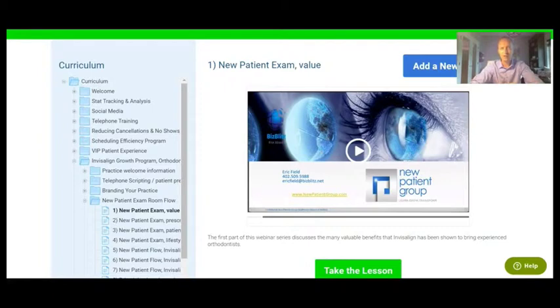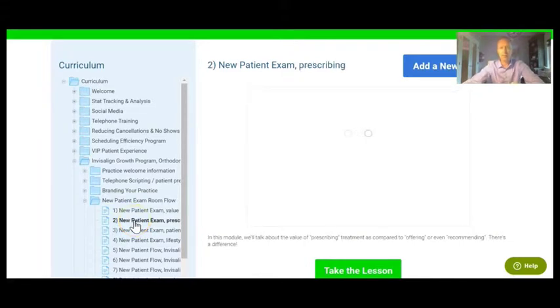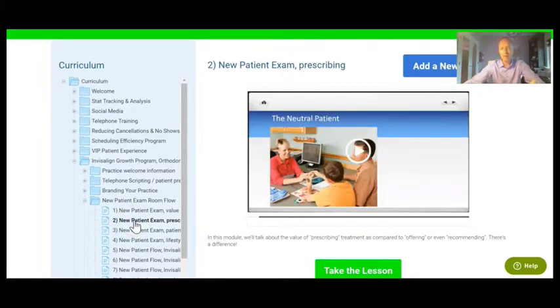I think we can all agree that Invisalign appointments tend to go much more smoothly and are more infrequent for the consumer to have to be in your practice for routine care. Right? So there's some value building in there. And then we get into some of the real principles of prescribing Invisalign to your patients rather than just discussing it, rather than simply making it an option, is looking for the opportunities to prescribe.